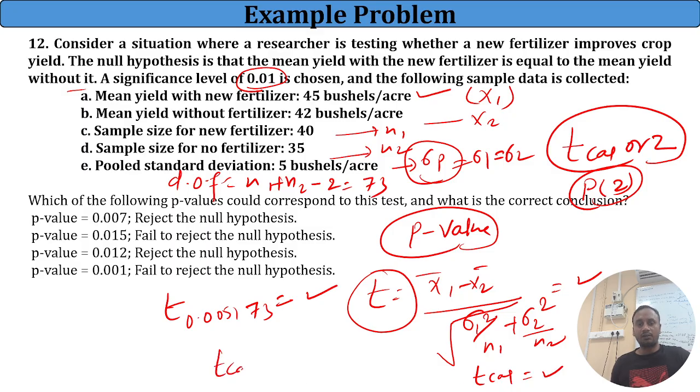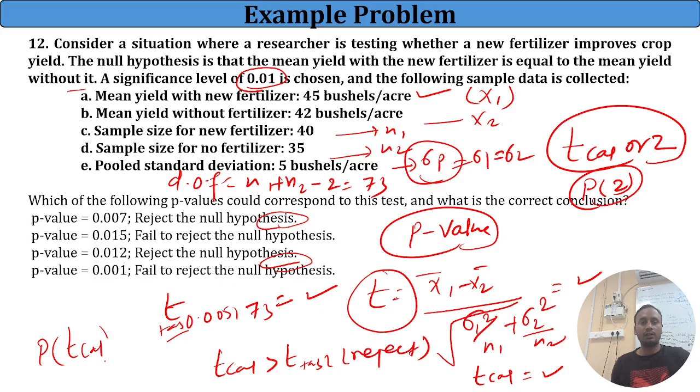If the t calculated is greater than the t table value, then we have to reject it. So we have two options: reject or not reject. Then after that we have to calculate the p of t calculated, and then we'll get the p value. Just tell how much it will come. I think the steps are clear now.